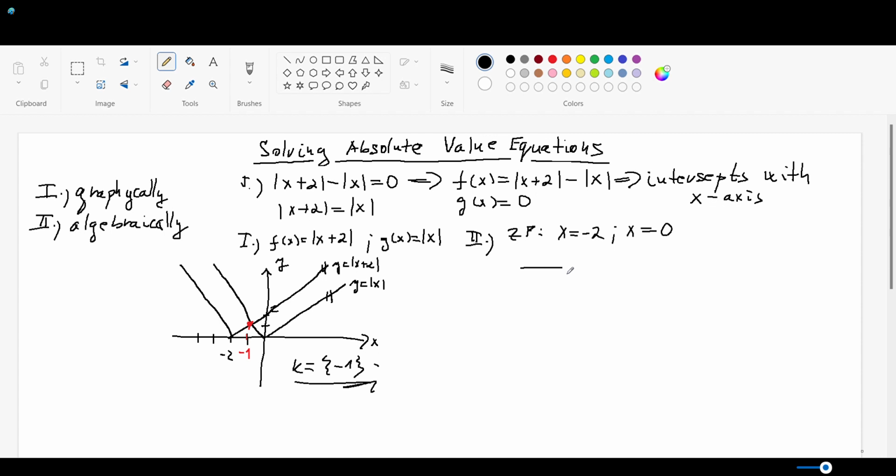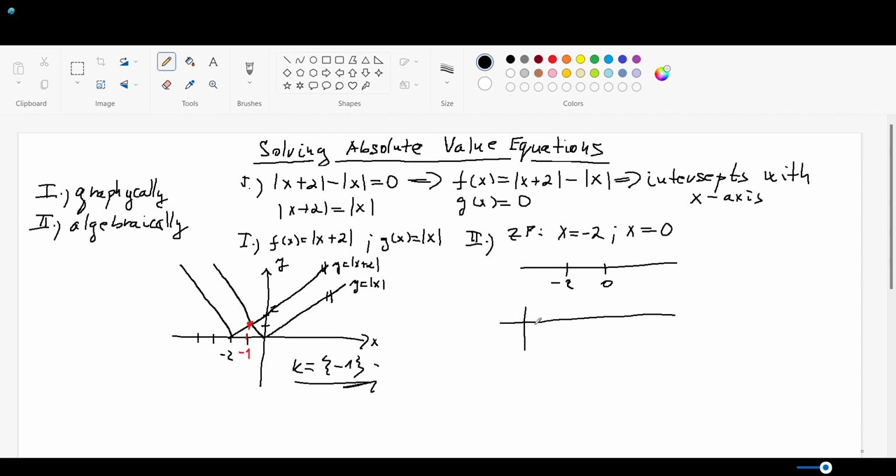So these are my 2 0 points. The next step, which can be skipped later on, is to sketch the number line so that you realize that these two numbers split all the real numbers into 3 intervals.